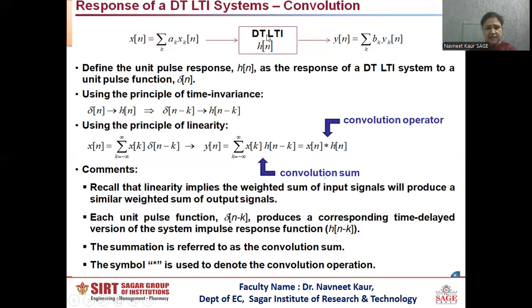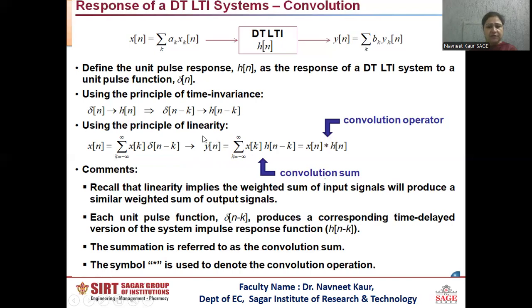Now, since the system is time invariant, if delta[n], which is input, is shifted by k units, then the output, which is h[n], is also shifted by k units. So delta[n minus k] will give the response as h[n minus k].